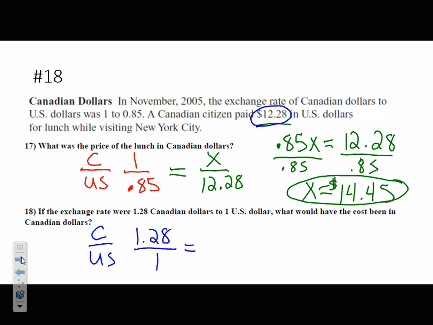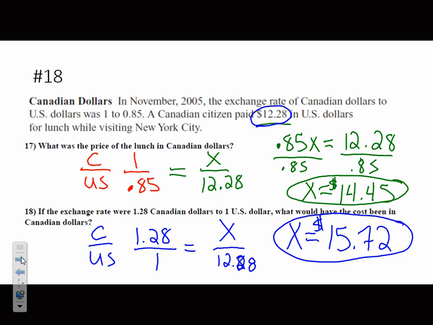So he paid $12.28 in US dollars. We need to find the Canadian dollars. So we're just going to cross multiply, and X is going to equal 15.72 Canadian dollars. All right. That is all for that one.